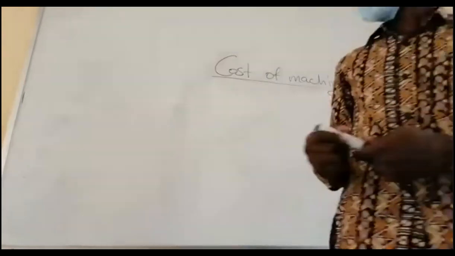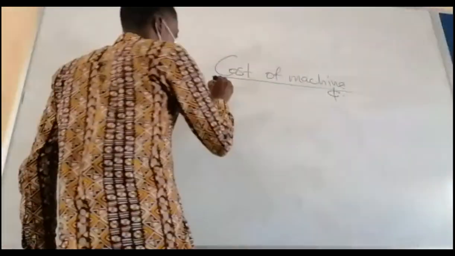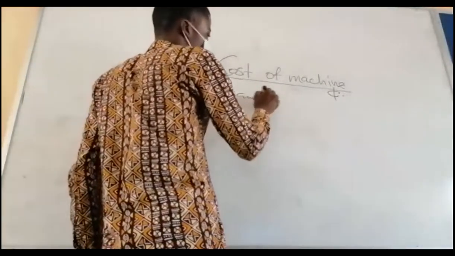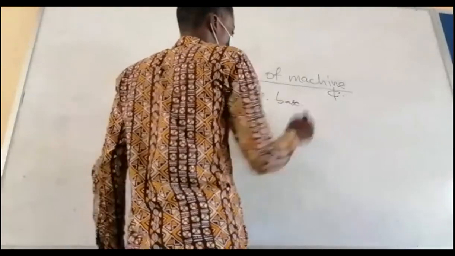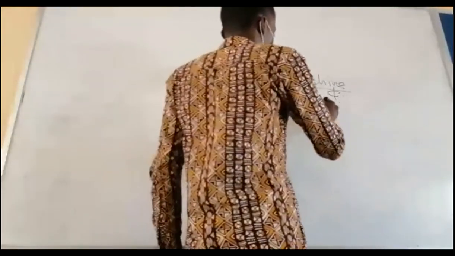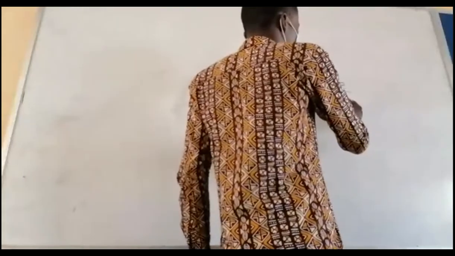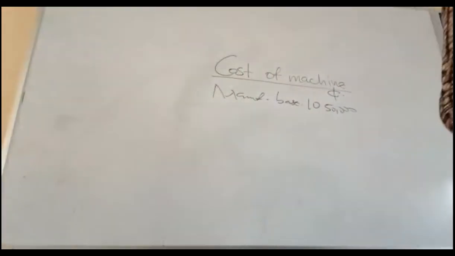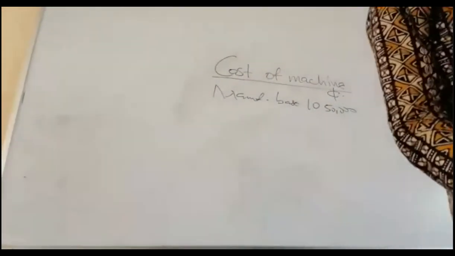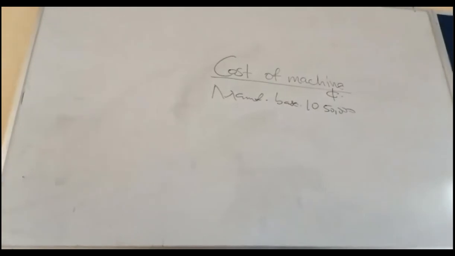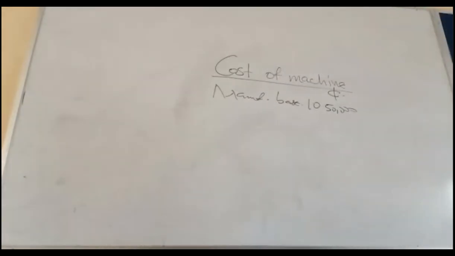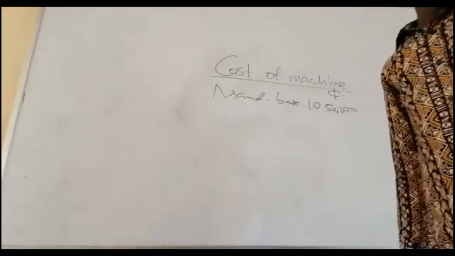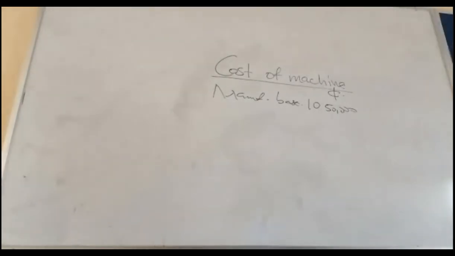Perfect. Then the next item on the list. Manufacturer's base price. All right, here, base price, and it's 1,050,000 cedis. Now what is the next item on the list? We have trade discounts applied on the base price only. So trade discount of what? 20%.